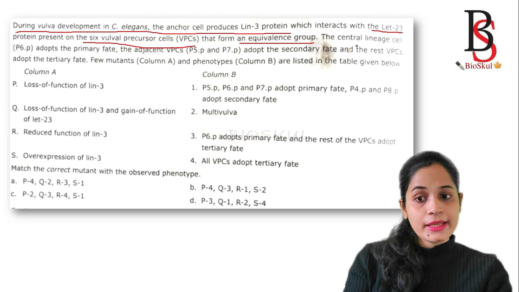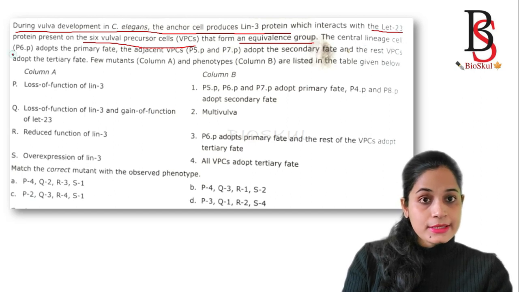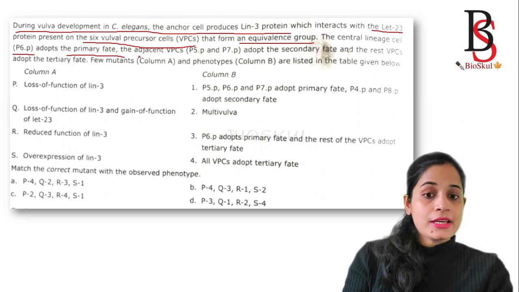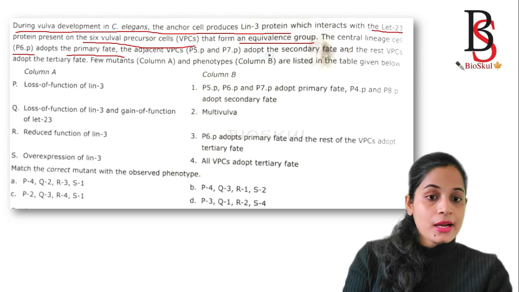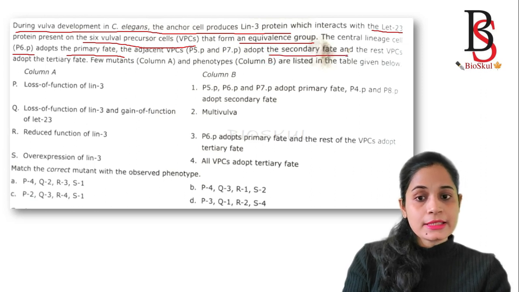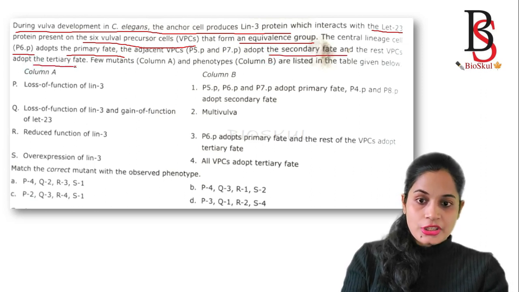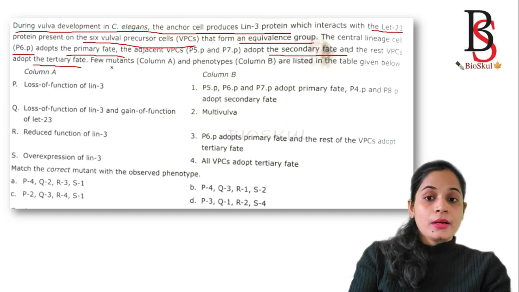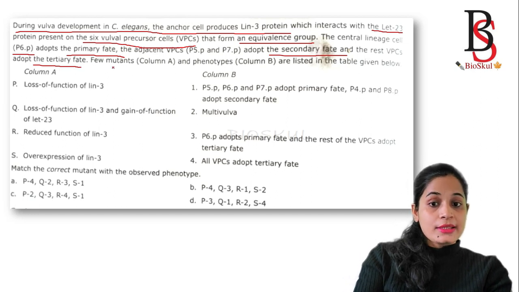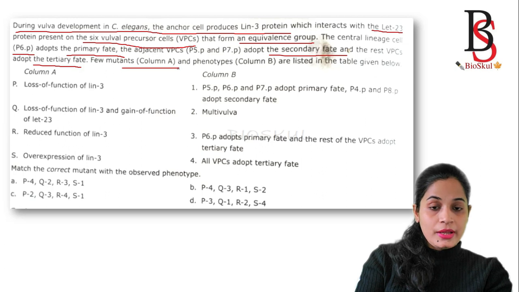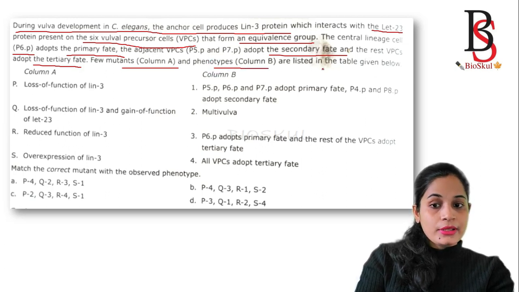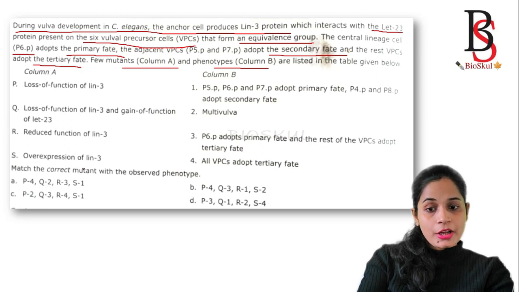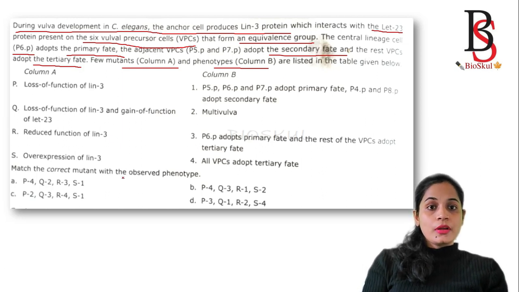The central lineage cell P6 adopts the primary fate, and the adjacent VPCs, P5 and P7, adopt the secondary fate, and the rest of the VPCs adopt the tertiary fate. Few mutants are given in column A and phenotypes in column B are listed in the table given below. Match the correct mutant with the observed phenotypes.